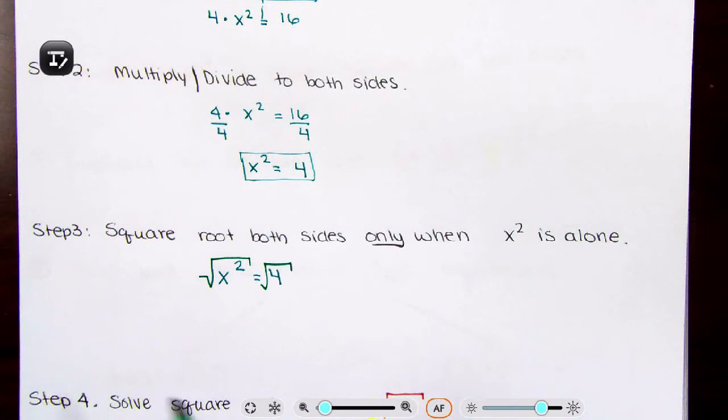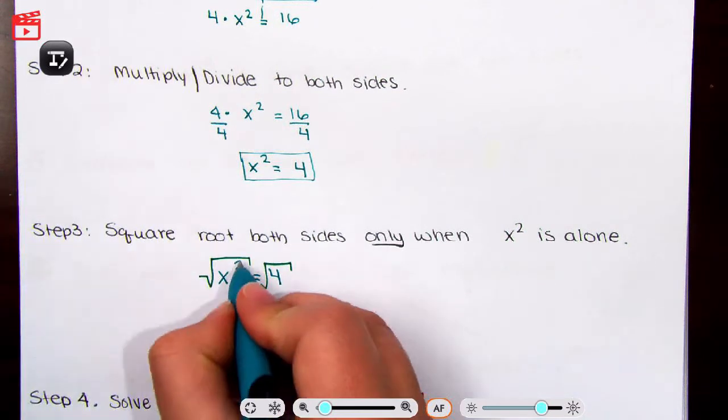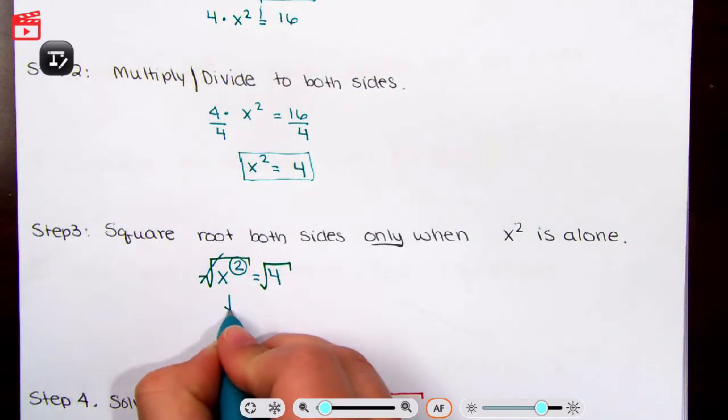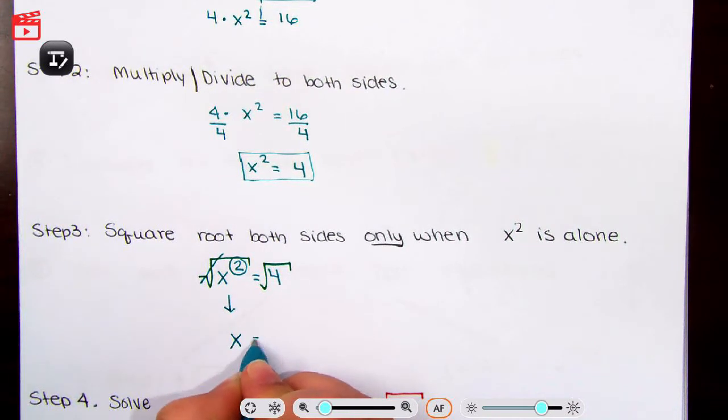Just like addition and subtraction are opposite operations, multiplication and division are opposite operations, taking a square root and squaring something are also opposite operations. So therefore, the square and the square root go away. They undo each other. So you are left with just x on that side.